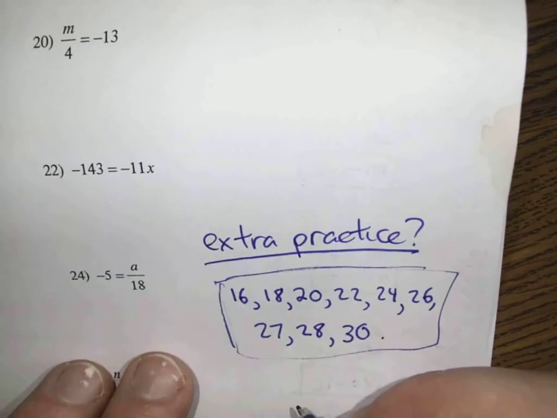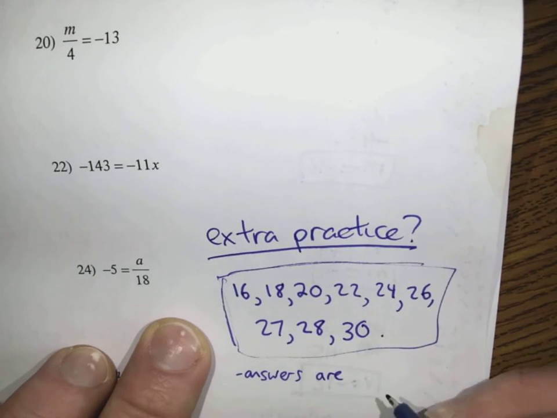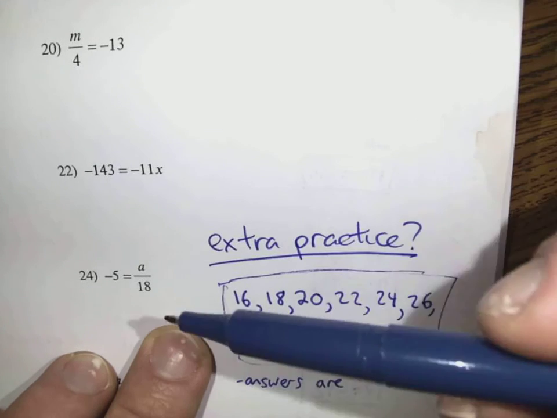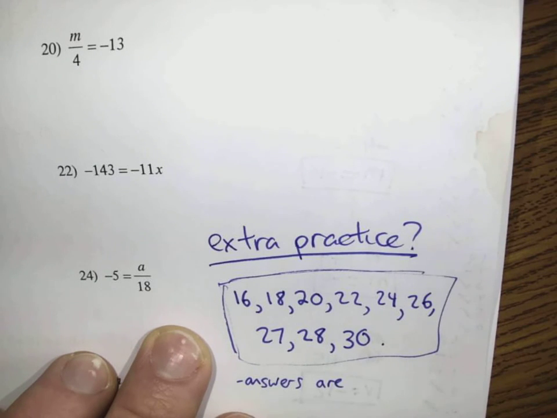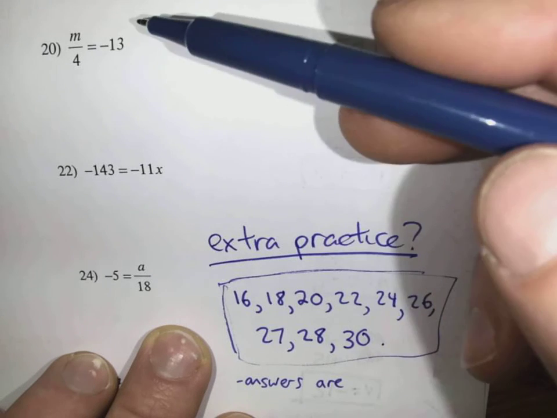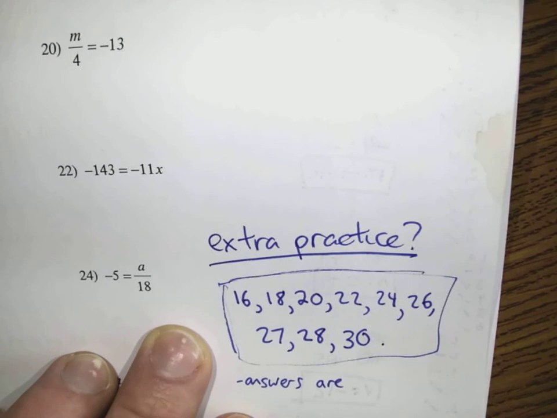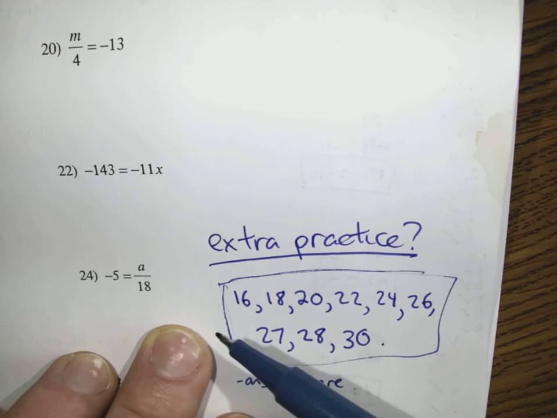And the answers: you should actually have a sheet that has the answers on it. But if maybe you misplaced it, in the digital file on Google Classroom that these questions came from, the second page of that file has the answers.